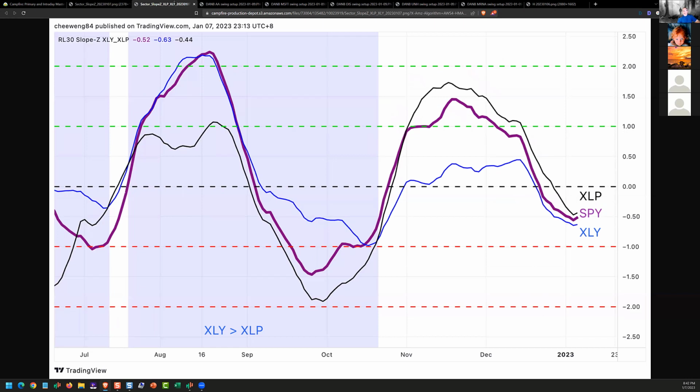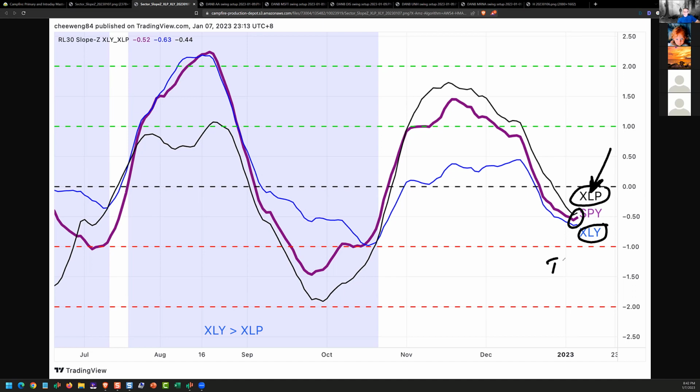In the battle between offense and defense, Staples is still leading the way over discretionary. They're all making the turn, but the easier ones to believe in feel like XLP.